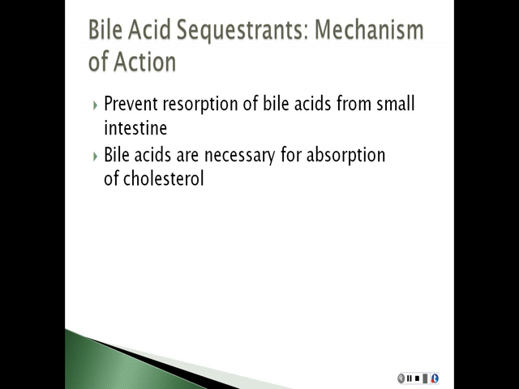The more that the bile acids are excreted in the feces, the more that the liver converts cholesterol to bile acids. So this reduces cholesterol that's in circulation. And then the liver will try to compensate by increasing the LDL receptor sites.